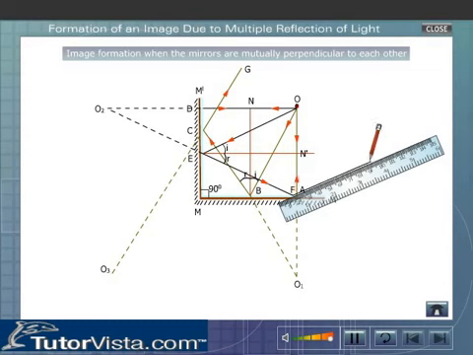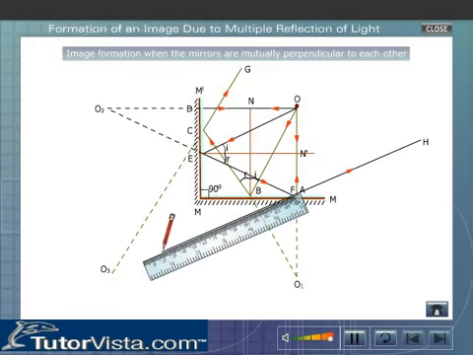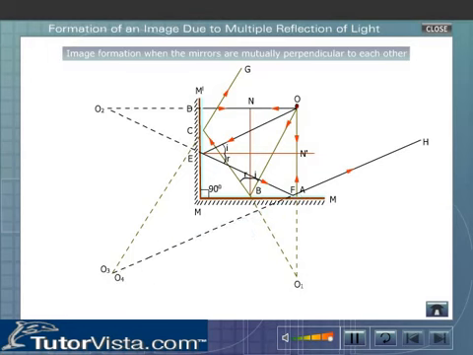Similarly, EF gets internally reflected by the mirror MM along FH. The ray appears to come from O4. O4 and O3 coincide. Thus we obtain three images when an object is placed between two mutually perpendicular mirrors.